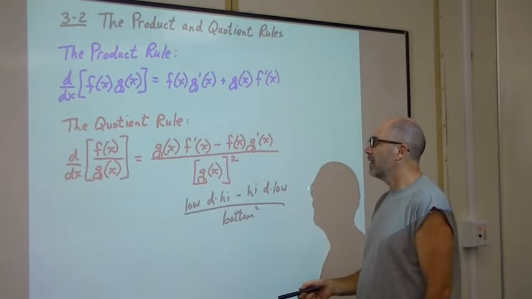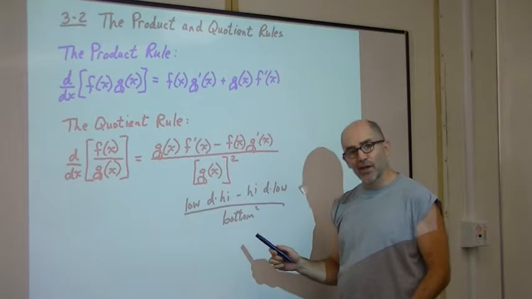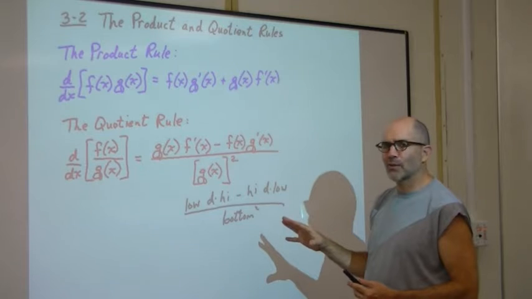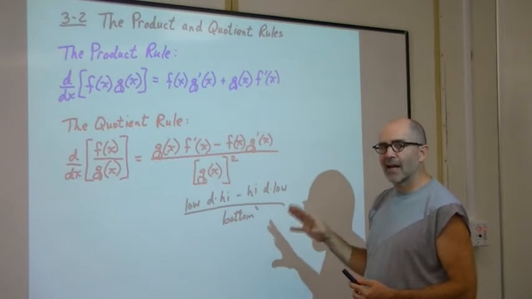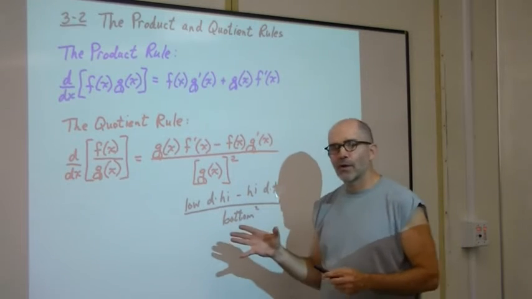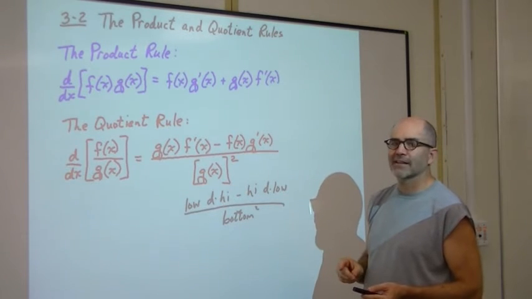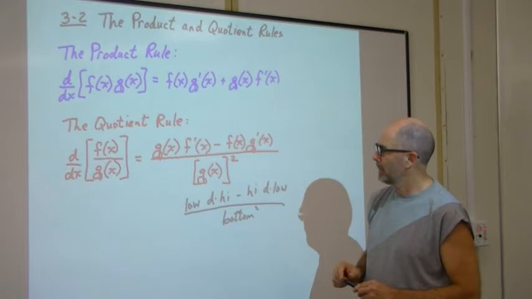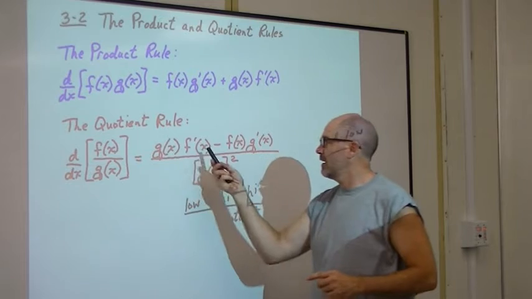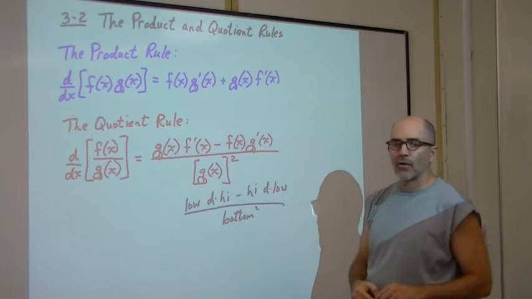Low D high minus high D low. Square the bottom, and away we go. Now, there's music that goes along with that, but I can't record the music on this video for copyright purposes, of course. So you'll have to ask me about that in class tomorrow. Okay, so low D high minus high D low. Square the bottom, away we go.